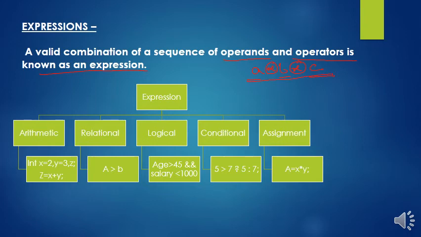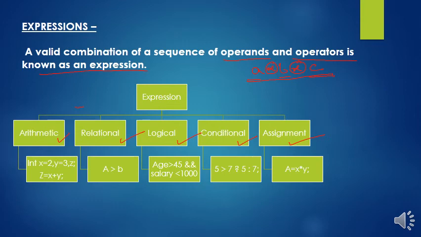Expression. In Java, expressions are divided into 5 categories. First one is an arithmetic expression. Second one is a relational expression. Third one is a logical expression. Fourth one is a conditional expression. And fifth one is an assignment expression.